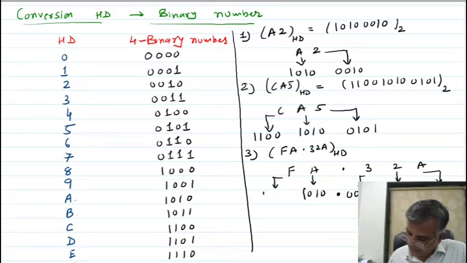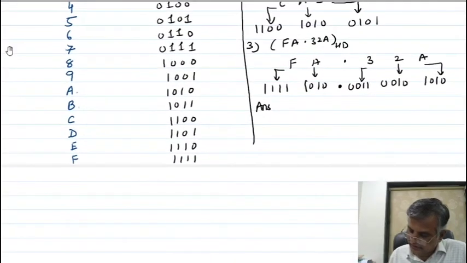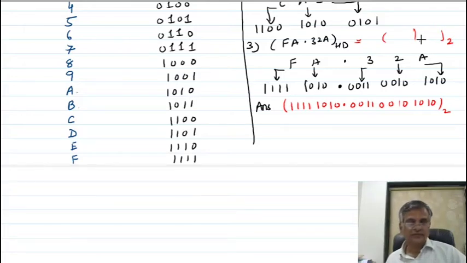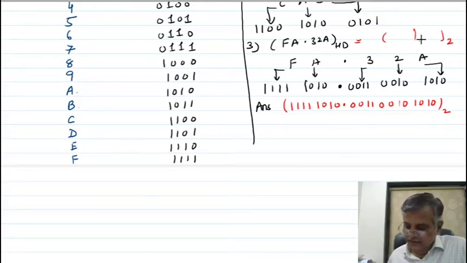For F I should write 1111. So my answer is 1111 1010 point 0011 0010 1010. This is my answer. So it's very easy, the conversion of hexadecimal into binary.